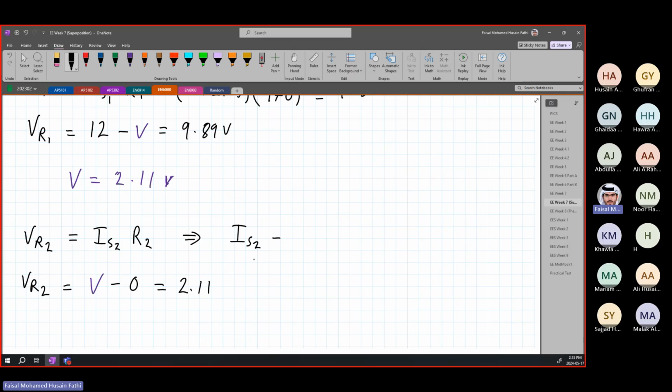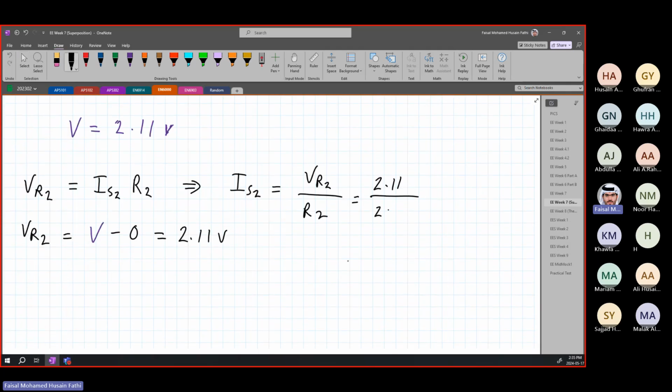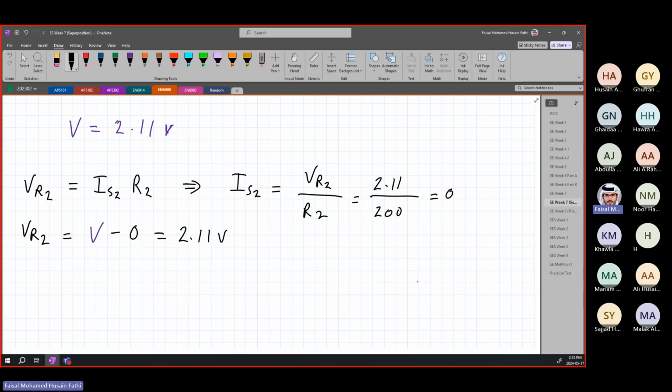So IS2 is equal to VR2 divided by R2, which is 2.11 volts over R2, 200 ohms, which is equal to 2.11 divided by 200. Let me write it this way so later on we can refer to it.